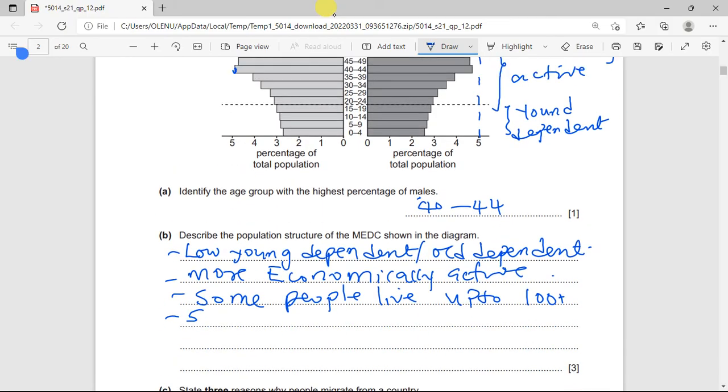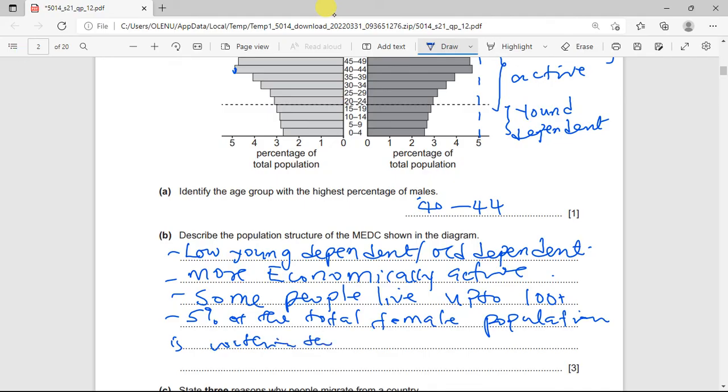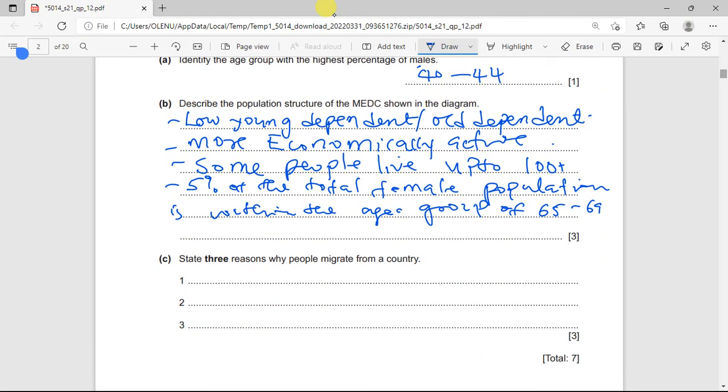So 5% of the total female population is within the age group of 65 to 69. Okay, so that will give you a full mark.